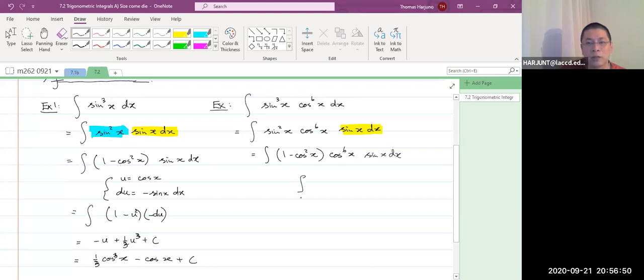We use the same substitution, u equals cosine x, du is negative sine x dx. Then it becomes integral of 1 minus u squared, u to the 6th, negative du.